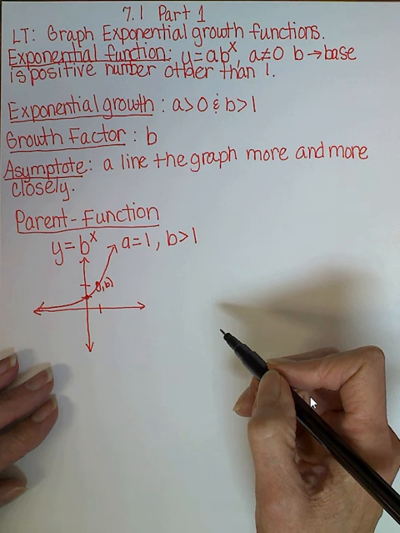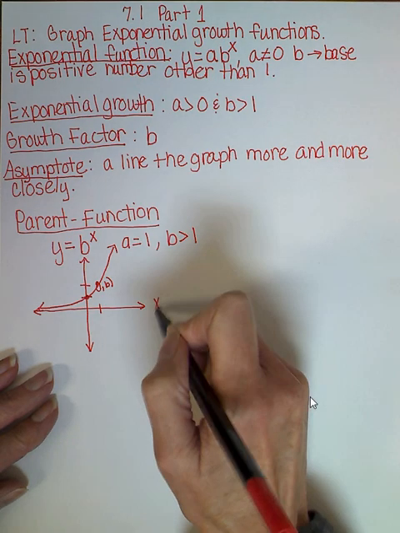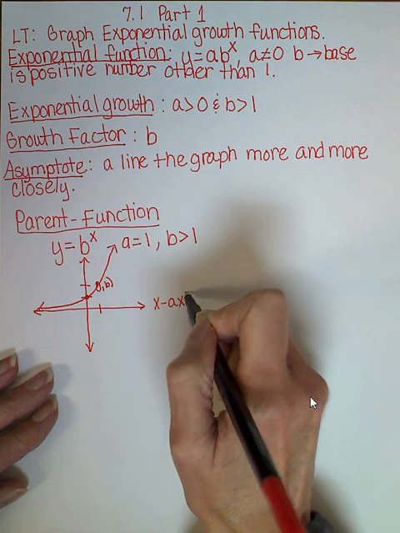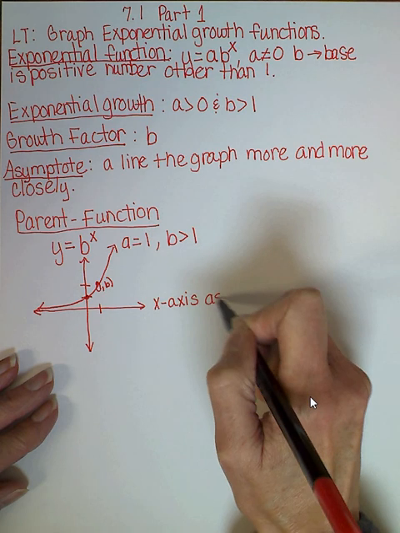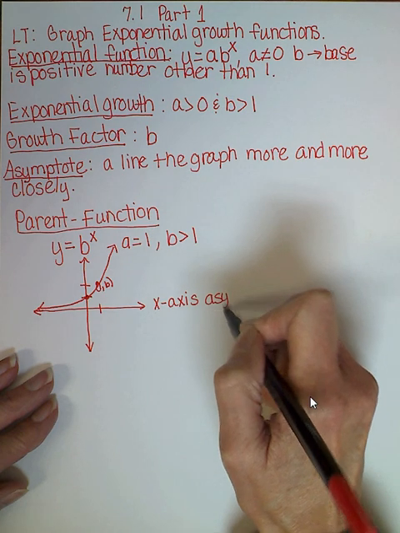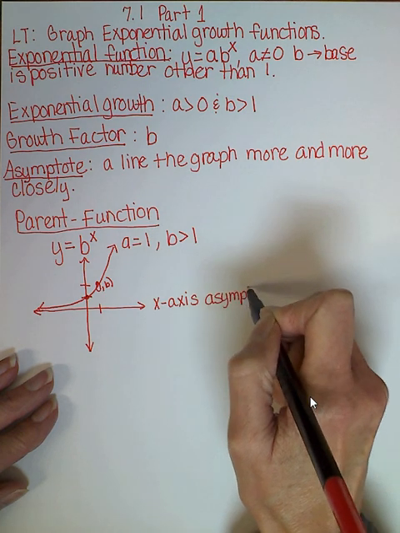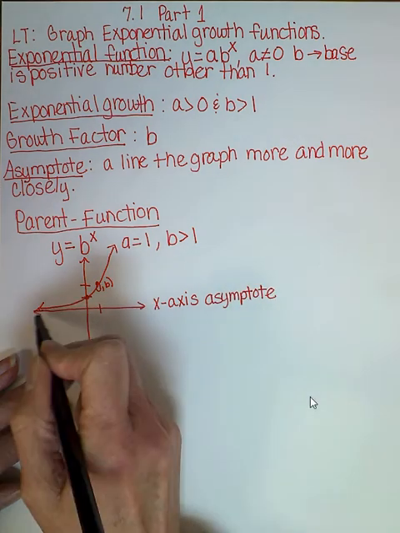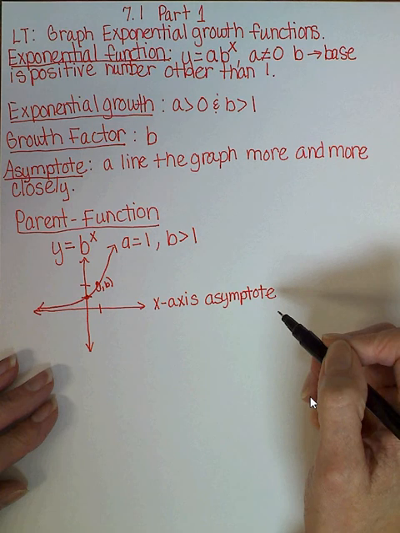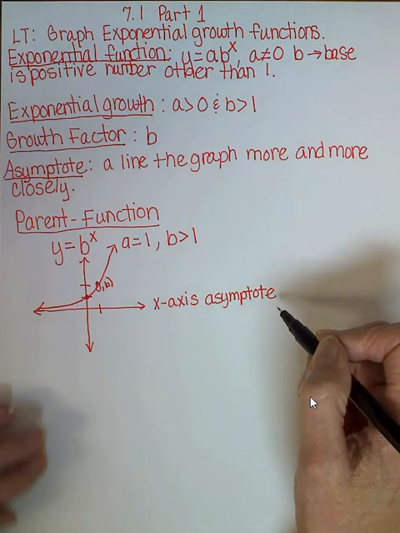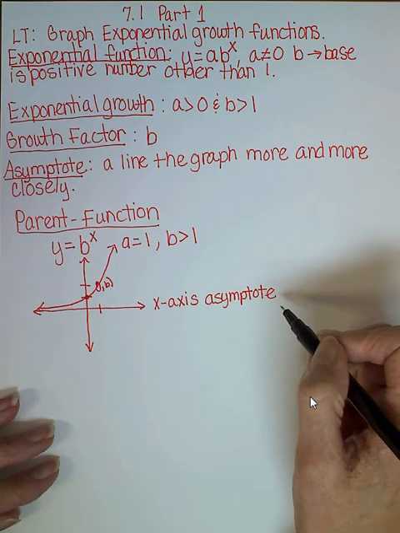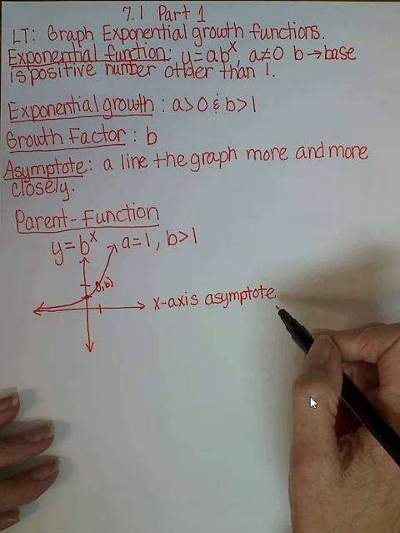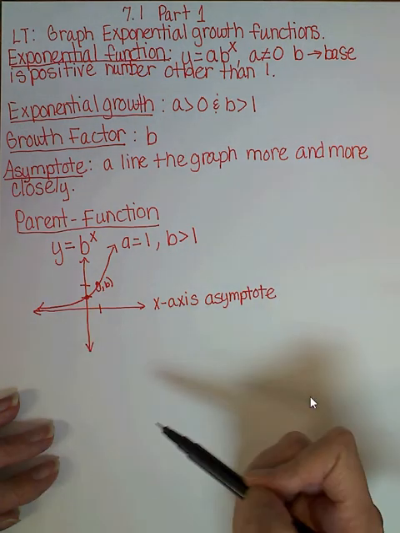In this picture, the x-axis is actually our asymptote. So this is the line that the graph is going to approach more and more closely. It keeps getting closer and closer, but it's not going to cross. Okay? Alright, so in the exponential functions, the asymptote is always a horizontal line.